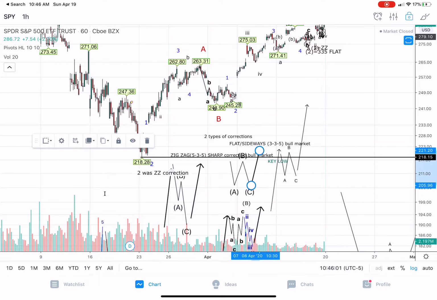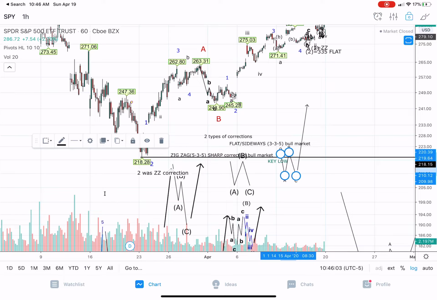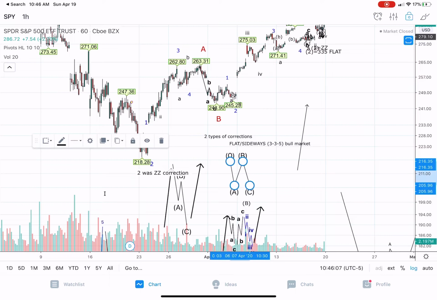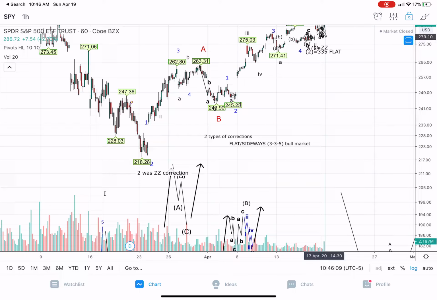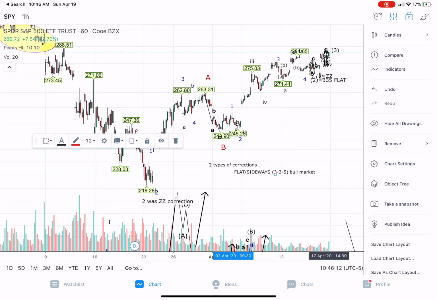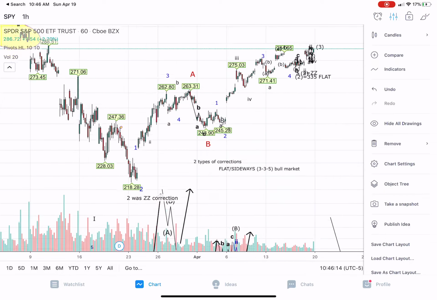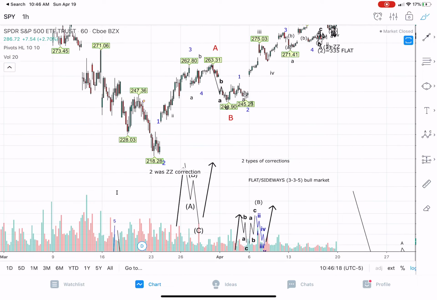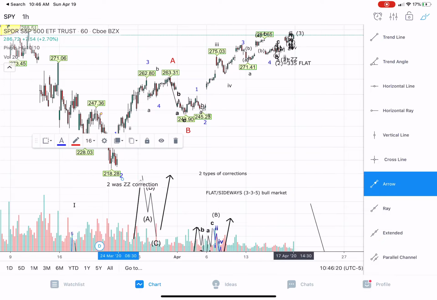So to do that, let me delete these out of the way. Too much stuff. Okay, so knowing that, let me clear this up. We know that those 5 waves came together to comprise wave A of a larger degree.